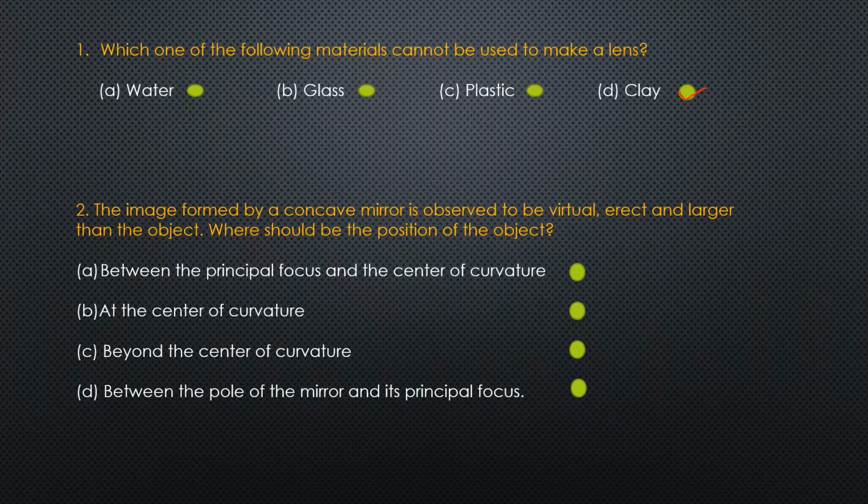So a concave mirror forms a virtual, erect, and larger than the object image when the object is placed between the pole of the mirror and its principal focus. So correct option is D.